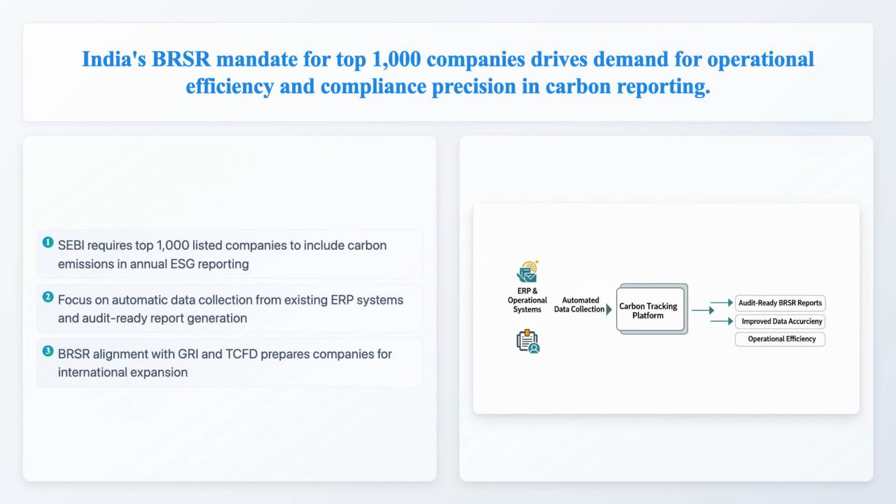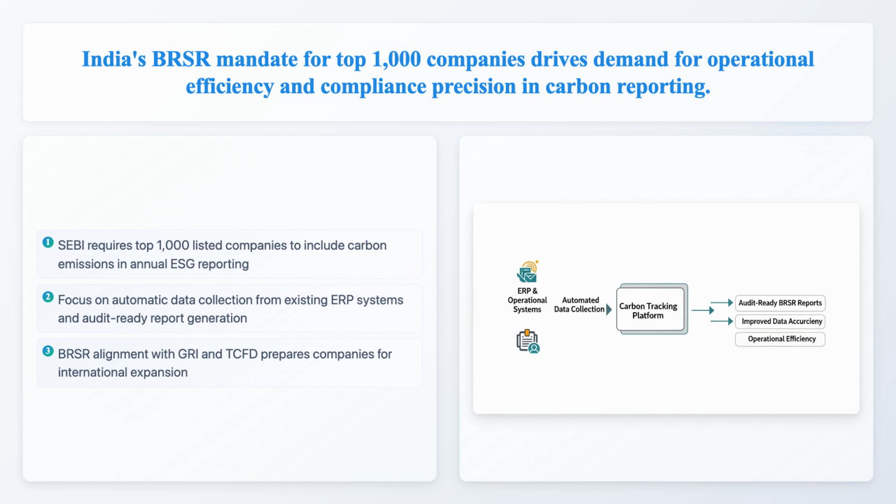India's market is driven by the Business Responsibility and Sustainability Reporting Framework, known as BRSR. SEBI mandates that the top 1,000 listed companies by market capitalization must include detailed ESG metrics, including carbon emissions data, in their annual reports.